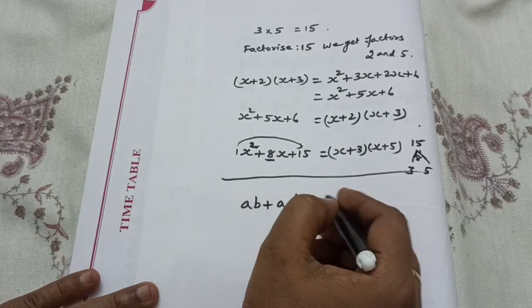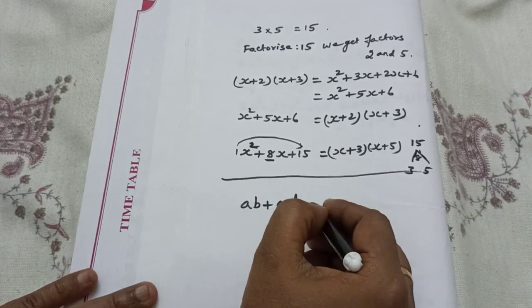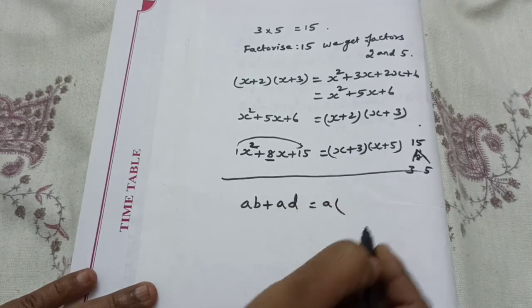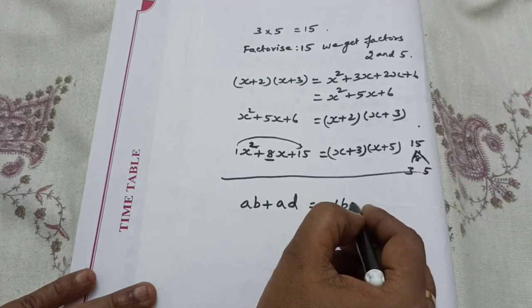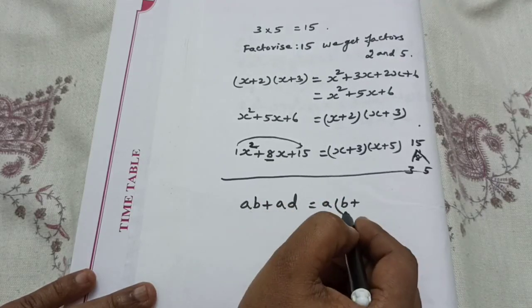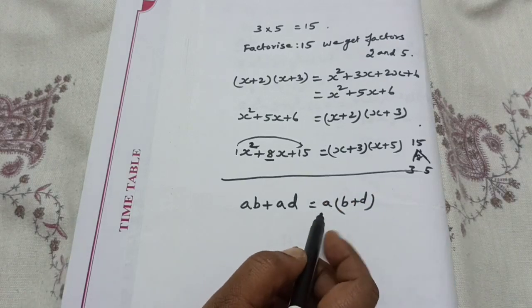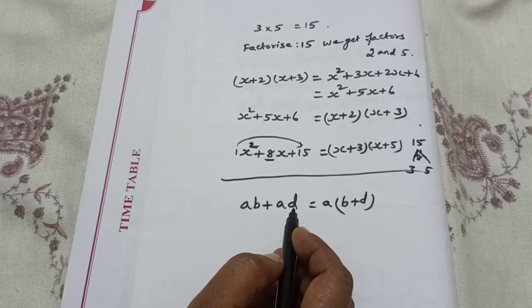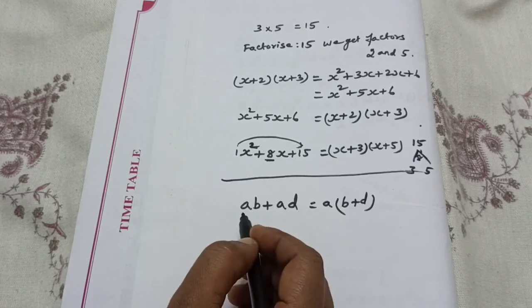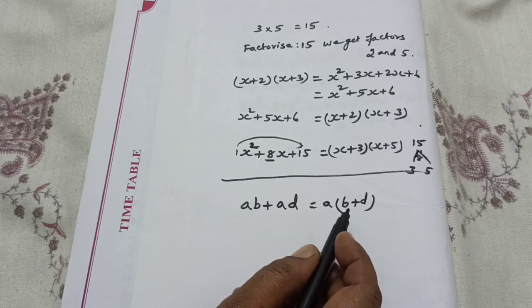How can we find? Check which is common here. A is common. The remaining is B, plus D, with A taken outside. This is the factorized form. Any doubt? This is one method: the common factor we have to take outside, then find the factors.